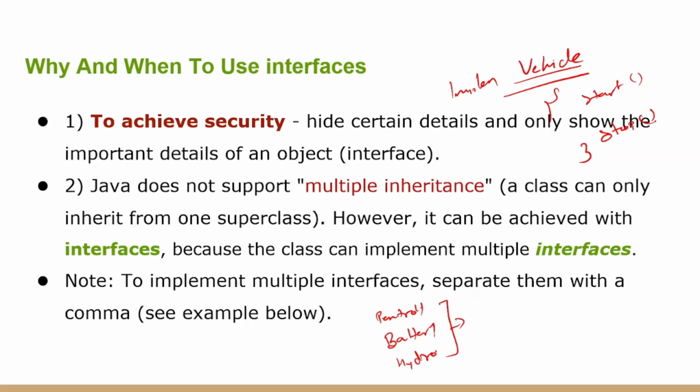A BMW with their EV needs to write their business logic for how to start a car. A hydrogen vehicle, say a Hyundai, needs to implement its own way to start a vehicle. So the implementation varies, but the naming should be the same, because others will directly interact with the interface.